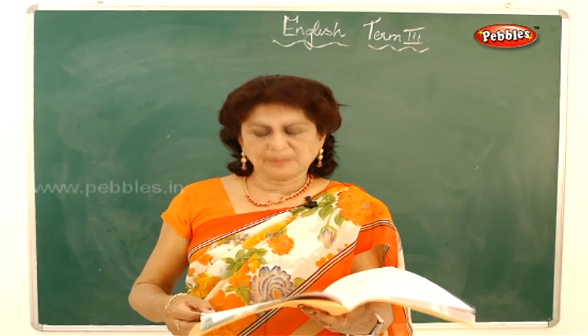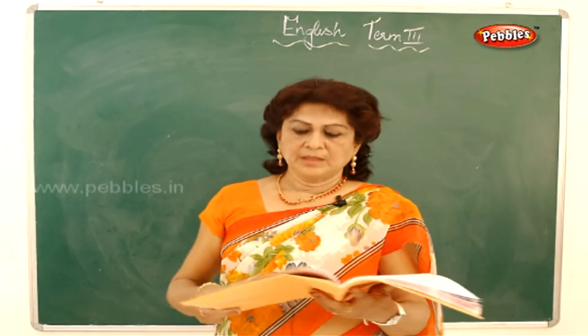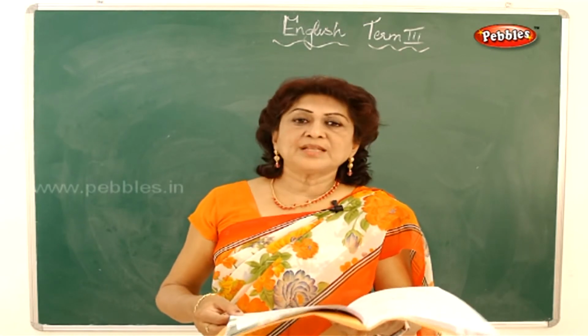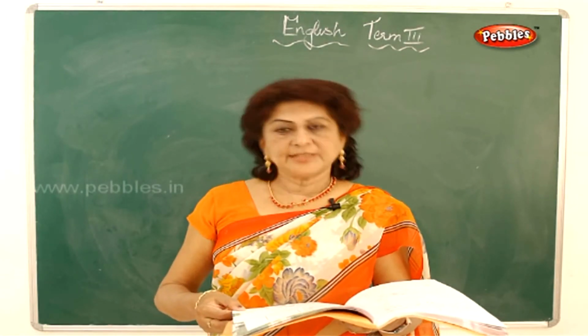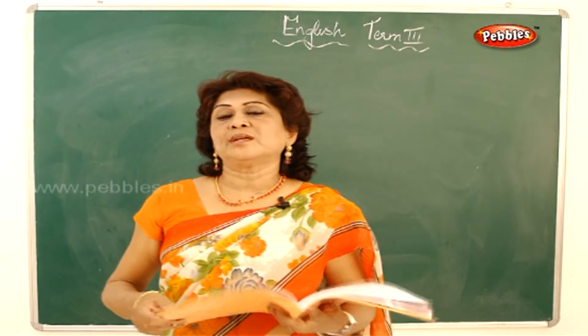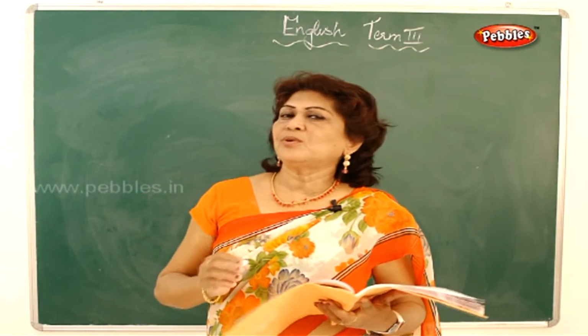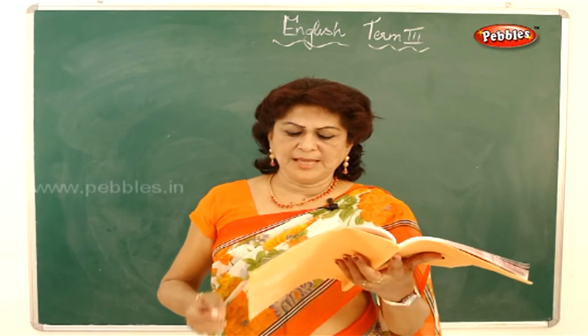Rocky will be the subject, gave will be the verb, grandfather will be the object, and cherry also will be the object. Now I told you there is a trick to find out which object each one is.